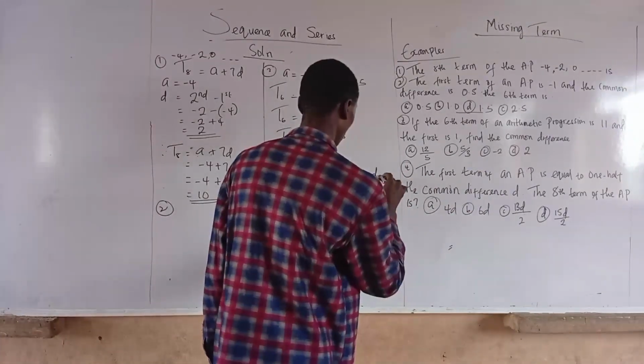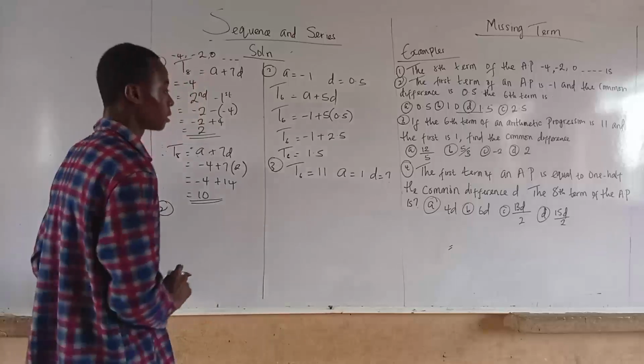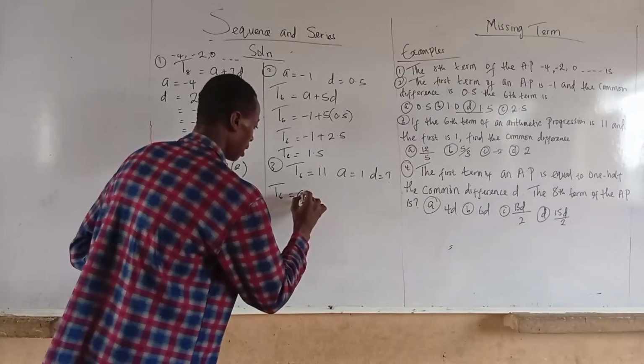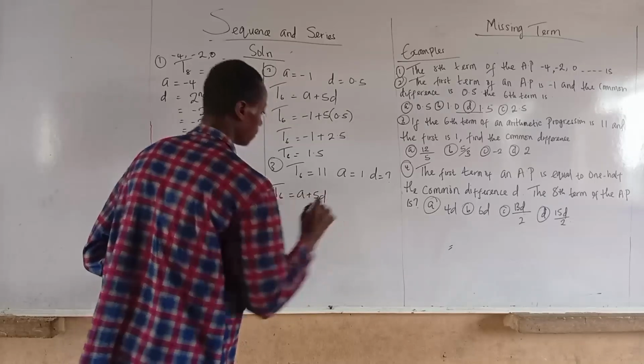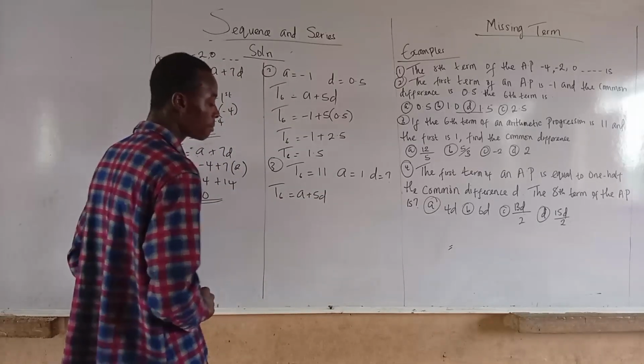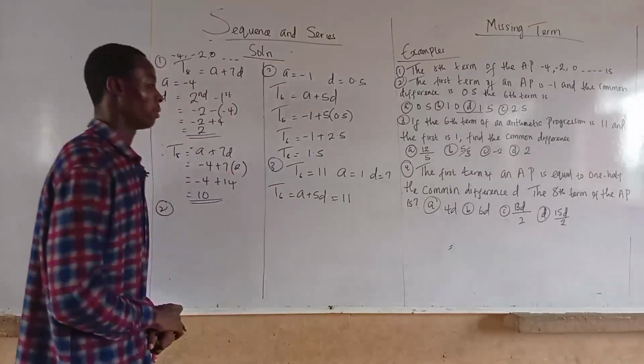Let us write what we are given in the question. We are looking for D. Now, the formula for the sixth term is given as A plus 5D, but they say that our sixth term is equal to 11.